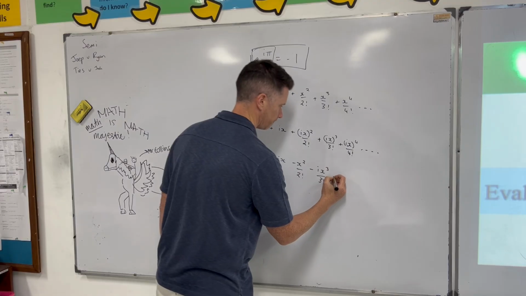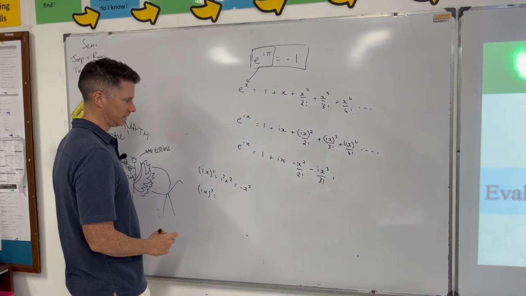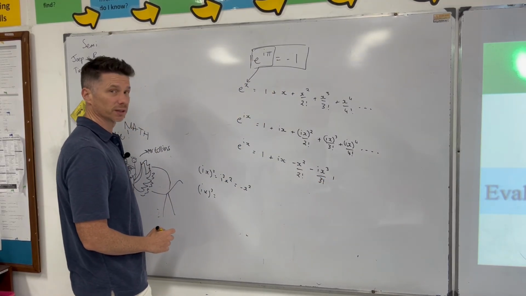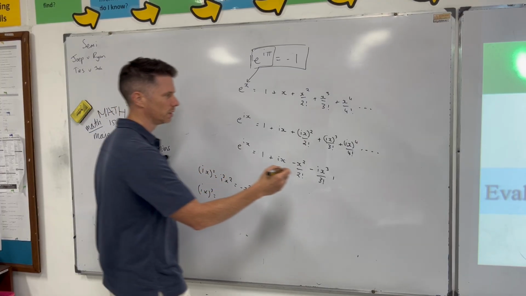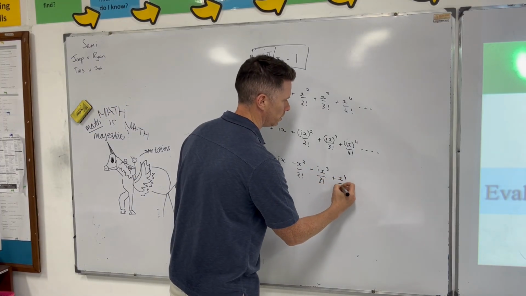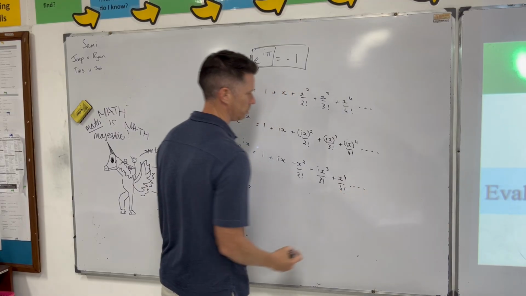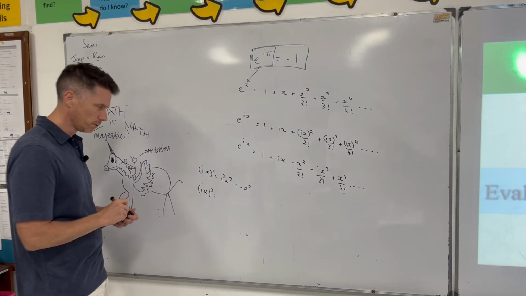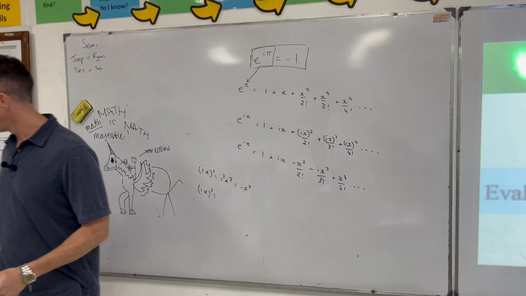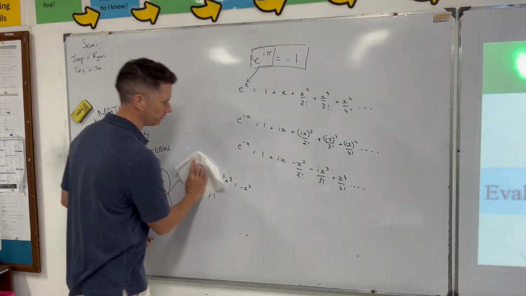And what's the next one then? It's x to the 4. Positive or negative? Positive, because it'd be minus 1 times minus 1, i squared times i squared. So plus x to the 4 over 4 factorial, and we could continue. Before I do anything with pi, I'm going to see what I got.